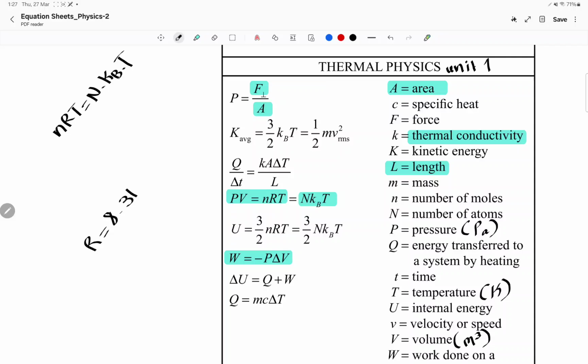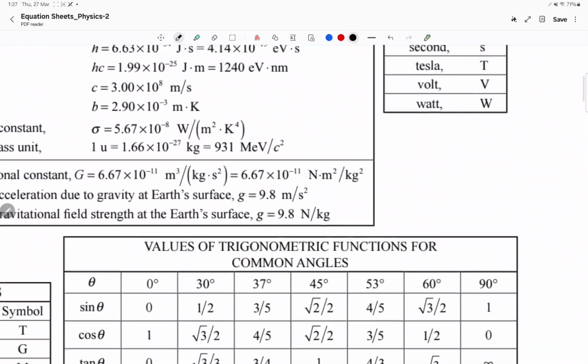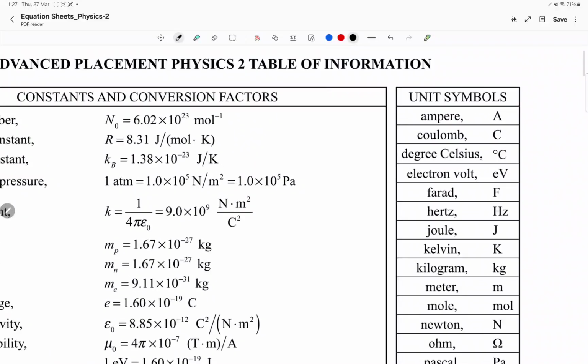Now I can cancel the T's, and I'll end up with nR is equal to NkB. Now kB is just a constant. Let me show you what that is. If you scroll back to the beginning of the equation sheet, it will give you what kB is, which is that much.